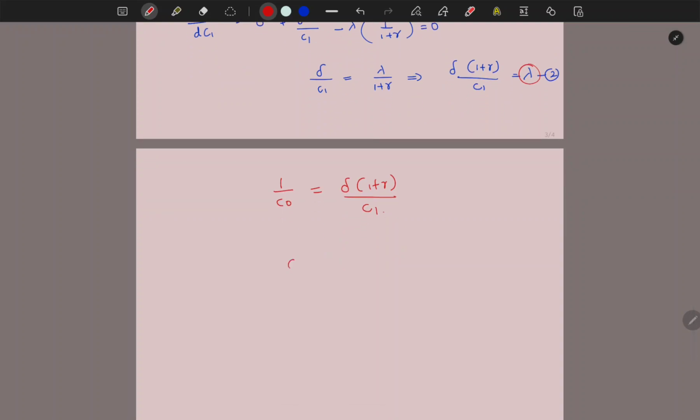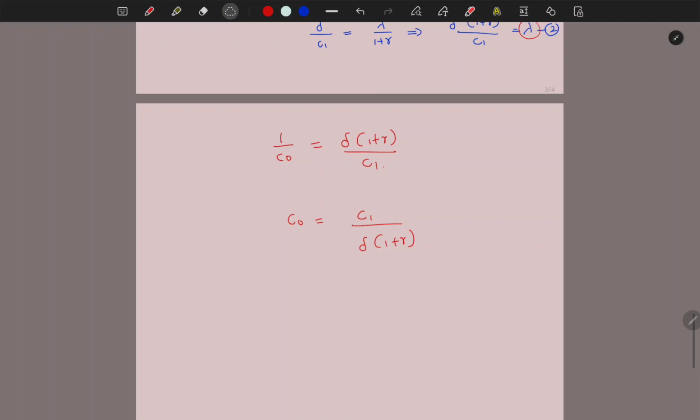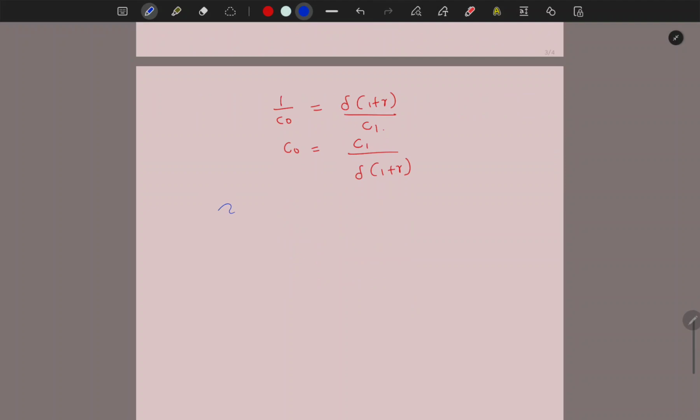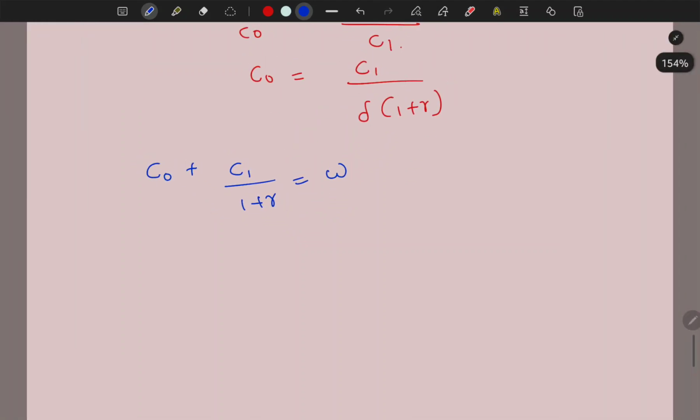So C0 equals C1 divided by delta times 1 plus R. Now I'll use the budget constraint, C0 plus C1 divided by 1 plus R equals W. Adding this C0 value, C1 divided by delta times 1 plus R plus C1 divided by 1 plus R equals W.